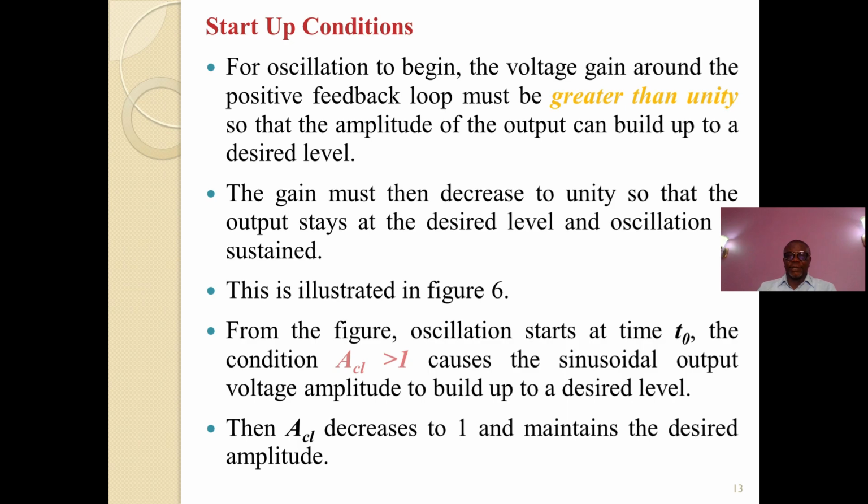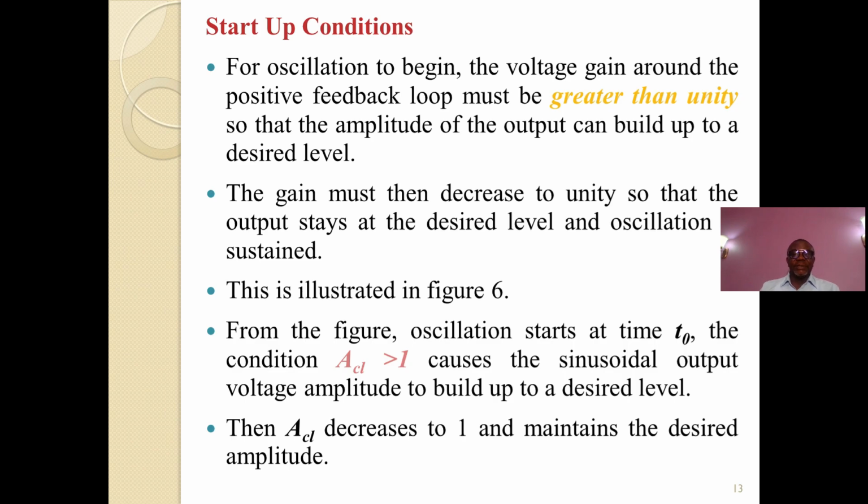This is illustrated in Fig 6. From the figure, oscillation starts at time t0. The condition, closed loop gain must be greater than 1, causes the sinusoidal output voltage amplitude to build up to a desired level.